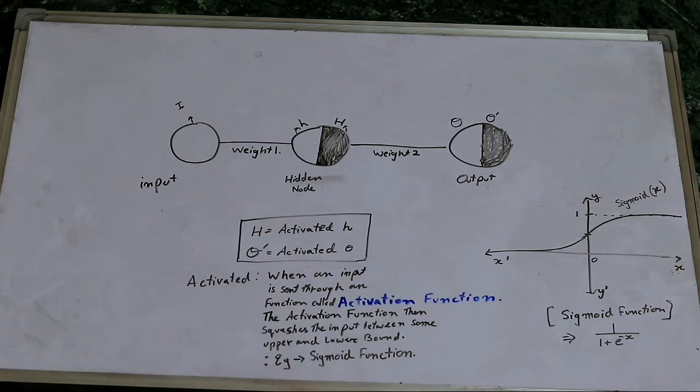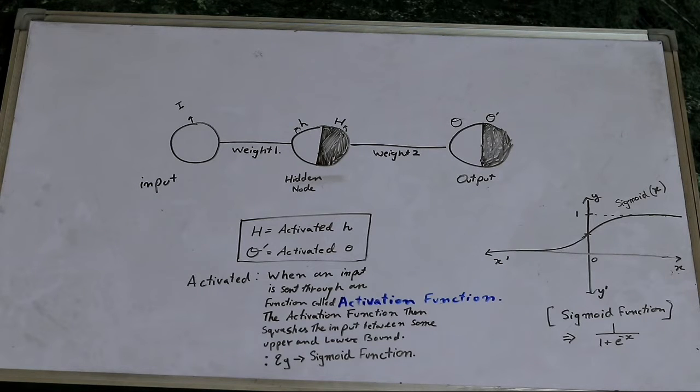What does activated mean? It is when the input is sent through a function called an activation function. The activation function squashes whatever input it has between some upper and lower limit.